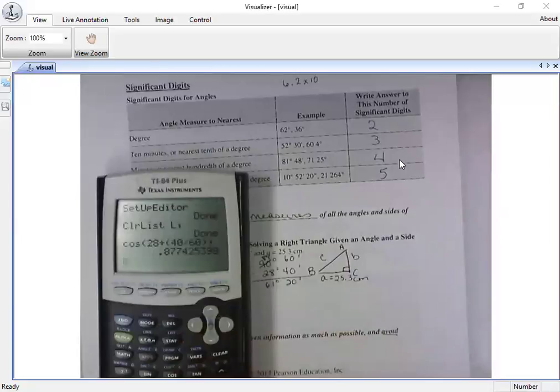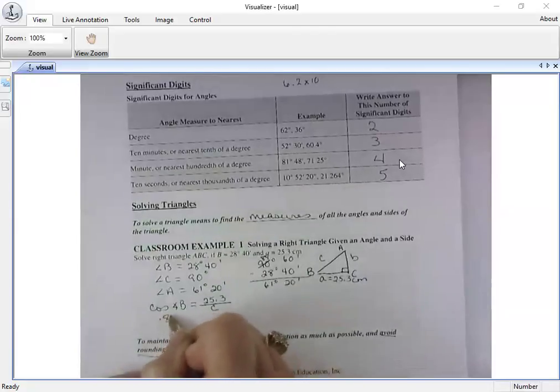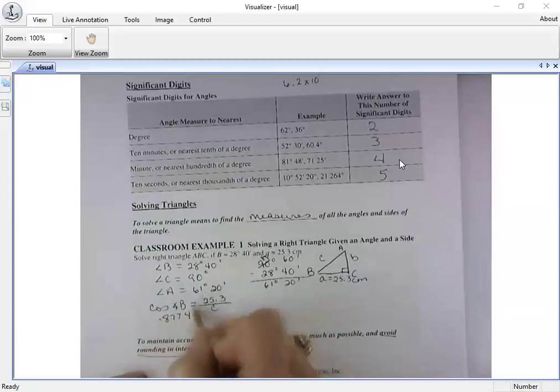And then at the very end, I'll use my significant digits. Make sense? So let's keep at least 5 digits to the right of the decimal. I'm probably just going to keep this in my calculator, and I may just write down 5 digits on my paper. So I would have 0.8774, and then the next digit is going to be a 3, is equal to 25.3 over C.